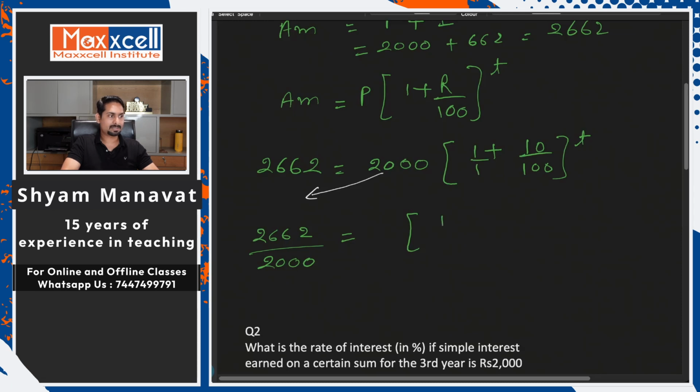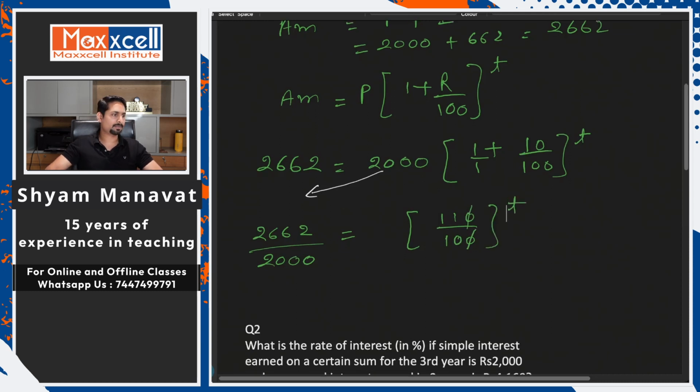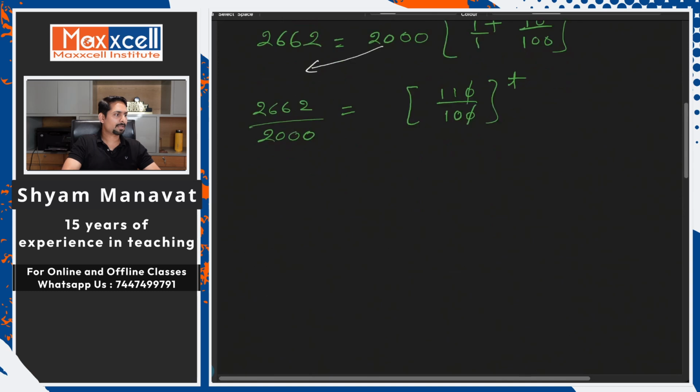After simplification, that is 110 by 100. Let's cancel the zeros here. Now cancel by 2, and this is 1331 by 1000.